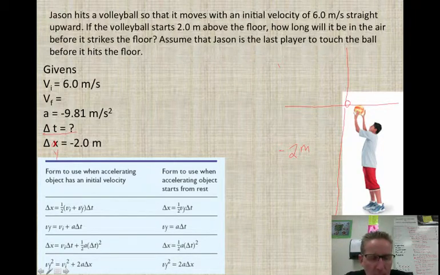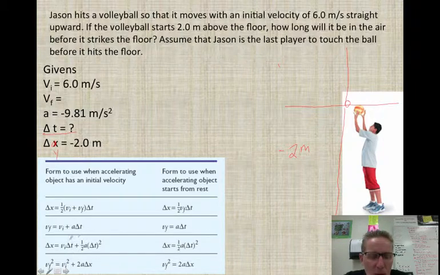And so when you first look at this, it might be tempting to go for this one right here. Because I have a VI and I have a change, no I don't have a change in time so I can't use that. Well actually, since that's what we're trying to find, I have a VI, I have a change in position, which would be change in Y. Anyway, so I have a VI, I don't have a time, so it might be tempting to use this.